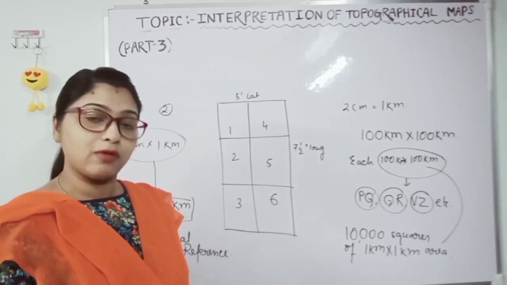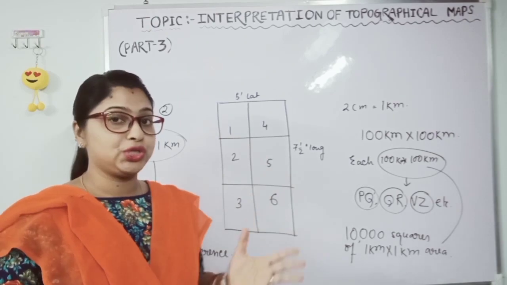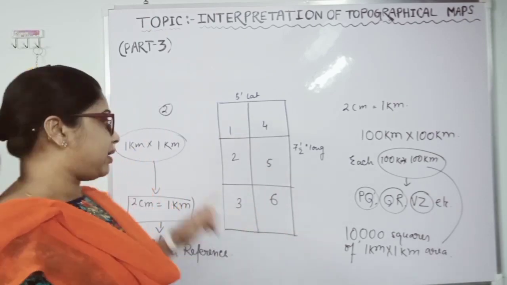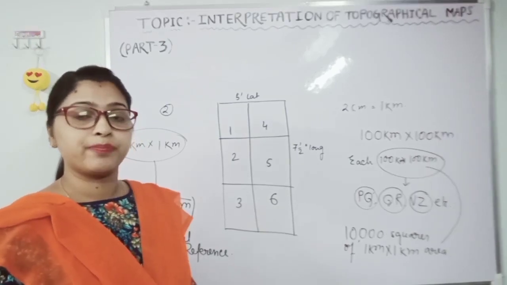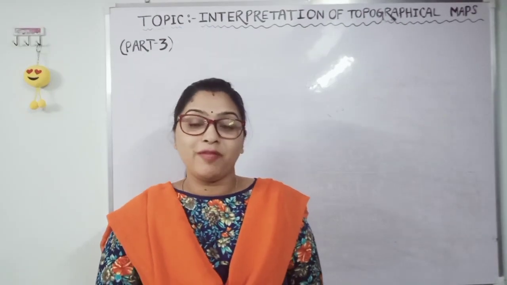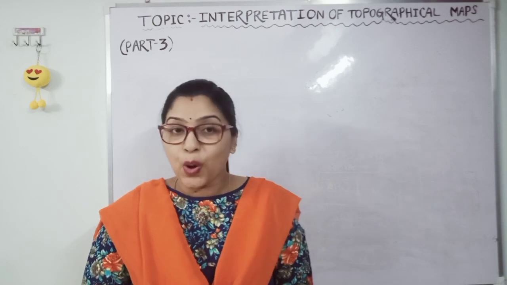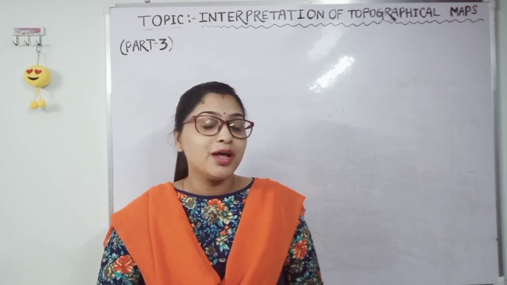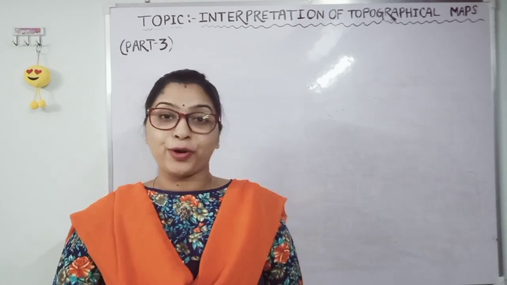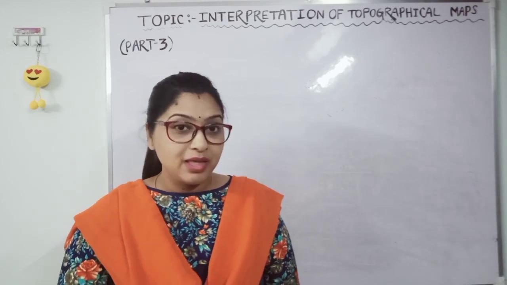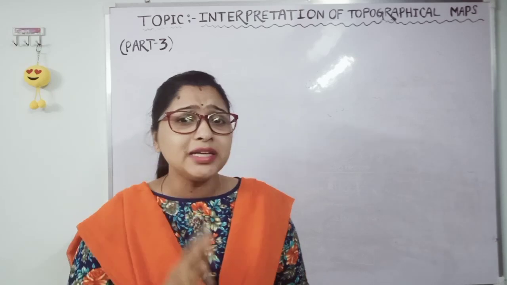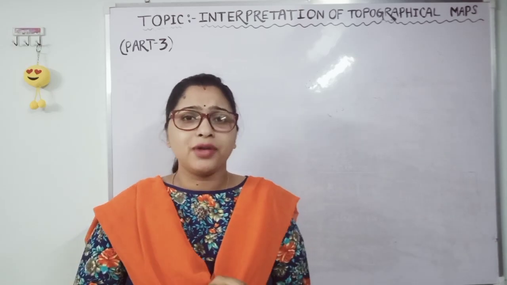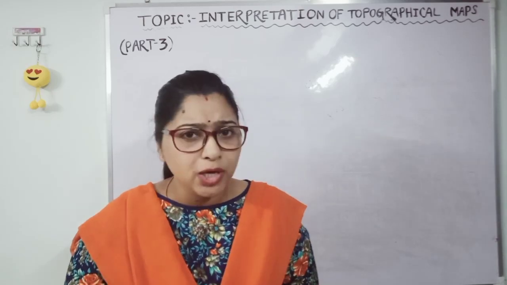So that is how we got our topo sheet number, and how we got the scale. Is it clear, students? Students, hope you have understood how we got our topo map numbers 45D by 7 and 45D by 10. If you can read that topo map, it will be the best way that you can read any topo map given to you.